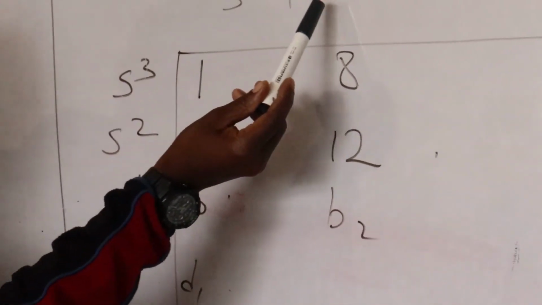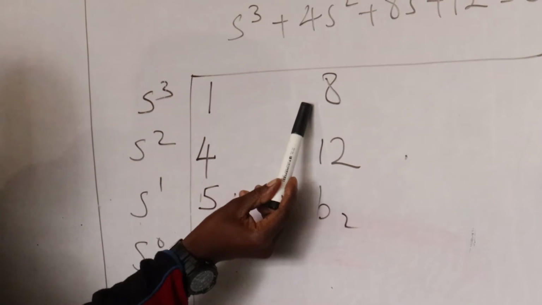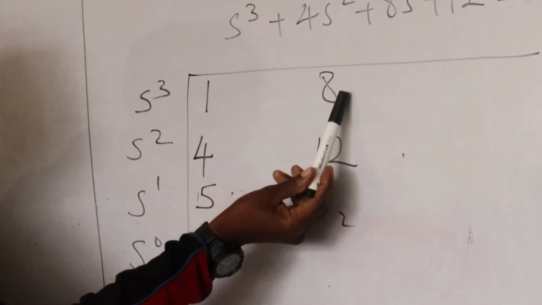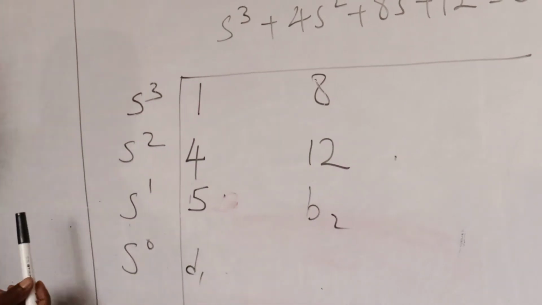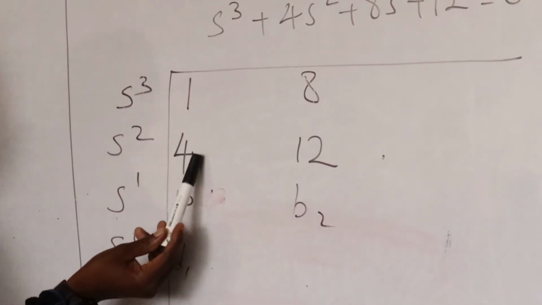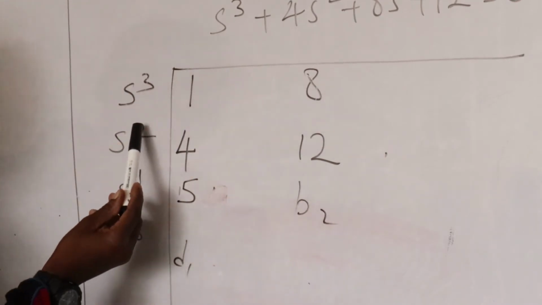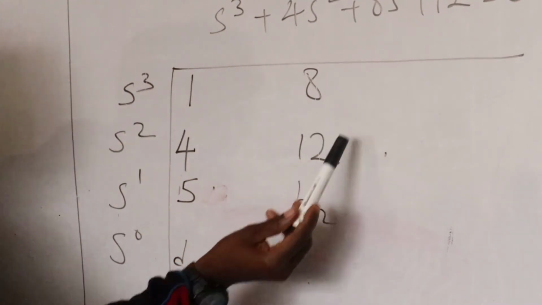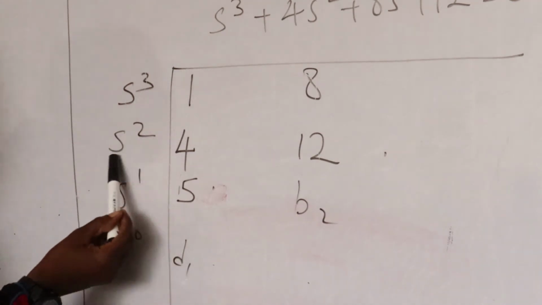When we jump that, we go to S raised to power 1. Yeah? So it means that this is S raised to power 1. So it is present. When you come to the second one, we have S raised to power 2 here. Yeah? When we jump the next, we are going to have S raised to power 0, which is actually that. When we come to this, this is S raised to power 1.